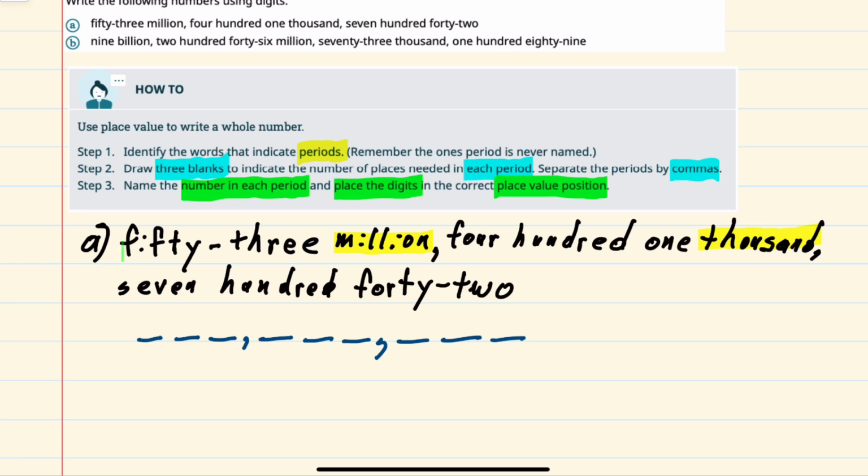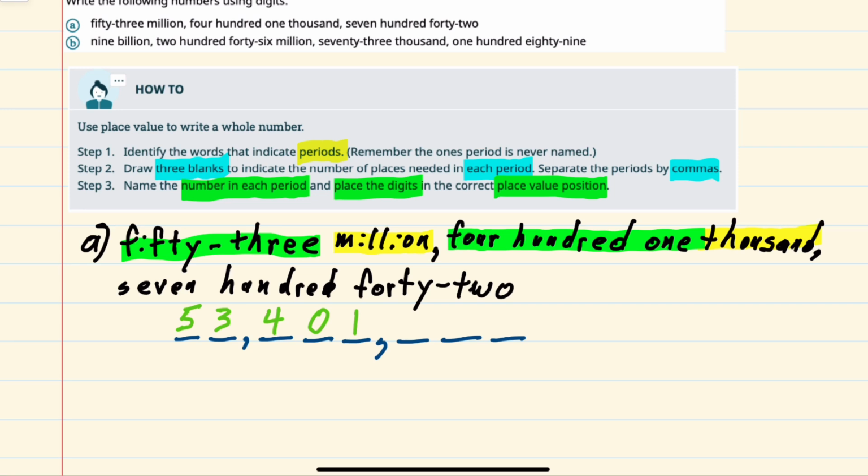So starting with millions, we have 53. So in the millions period, we would have just 53. So I'm noticing that I won't need that first blank. But then in the second period, the thousands, we have 401. So 401 would be 401.